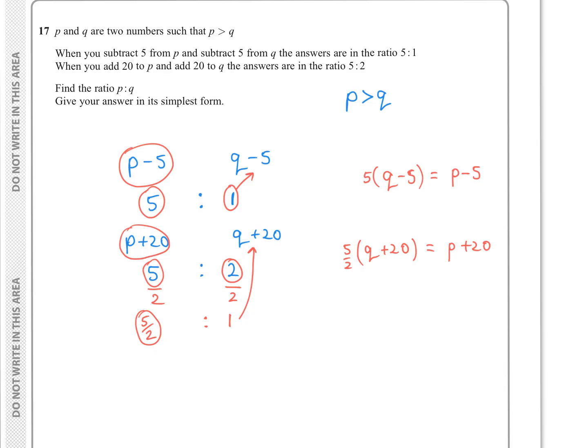So what I'm going to do is multiply this one out. And then I'm going to get the P's and Q's on one side and the numbers on the other. So I'm going to add 25 to this, and that's going to give me my first equation. I'm going to multiply both sides of this one by 2.